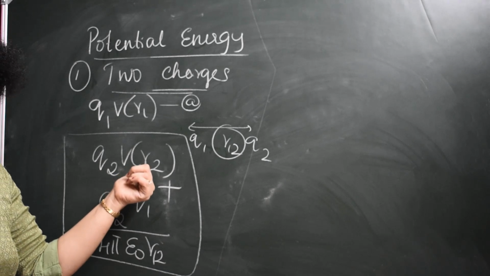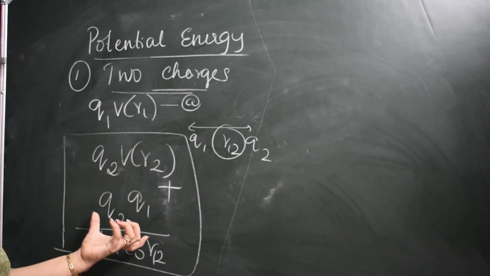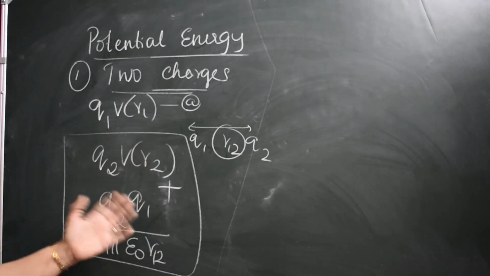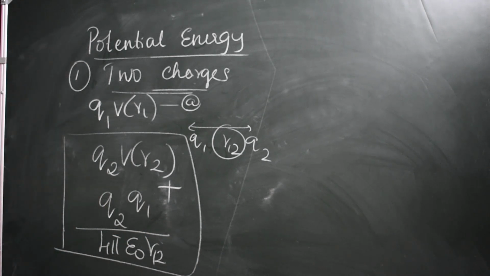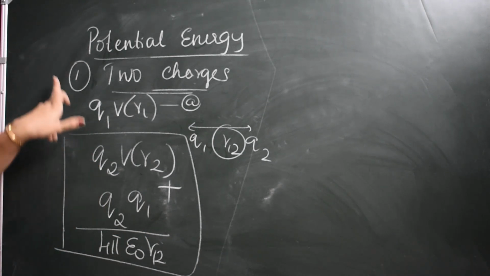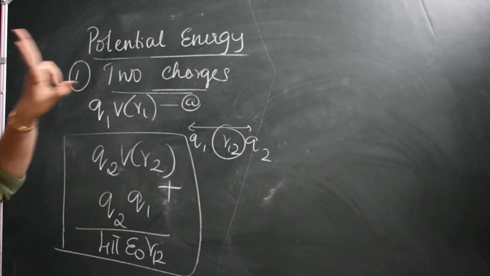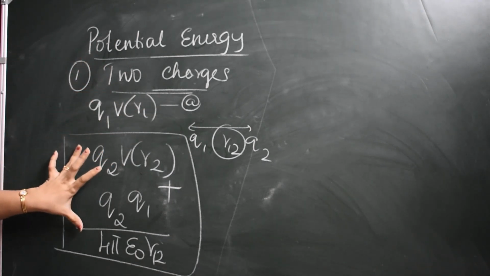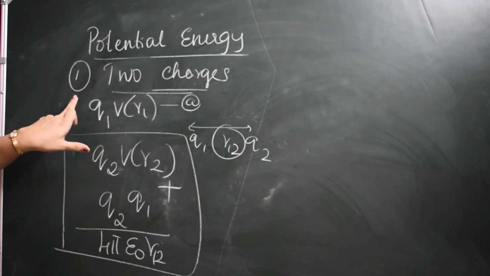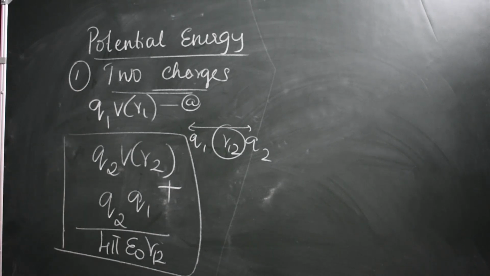This is the potential required. This is the total potential. Now when you are considering this Q1 also, because we are considering two charges, this much is only for Q2. When you add all these three, you will get the total potential energy of the system of two charges.